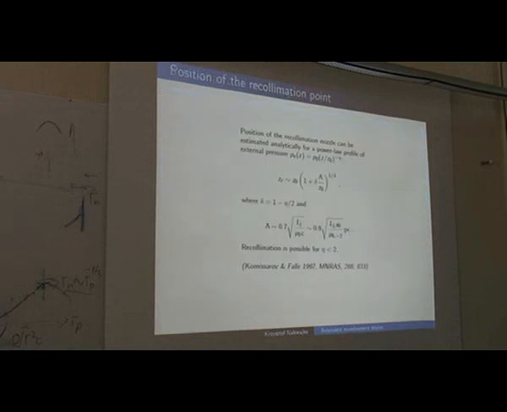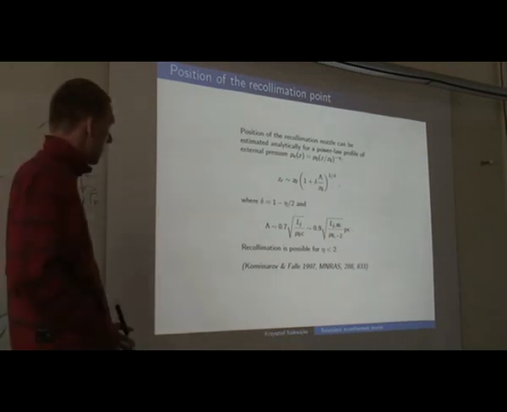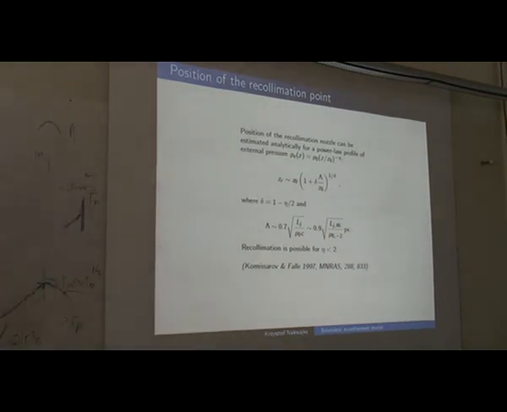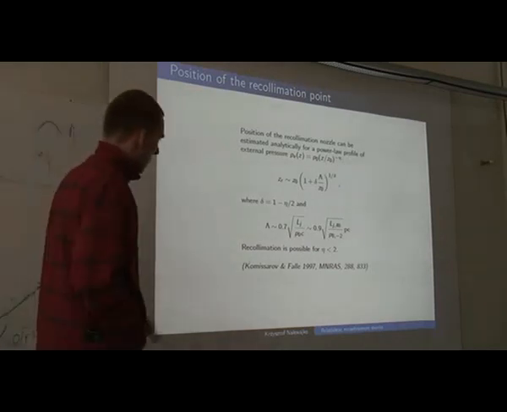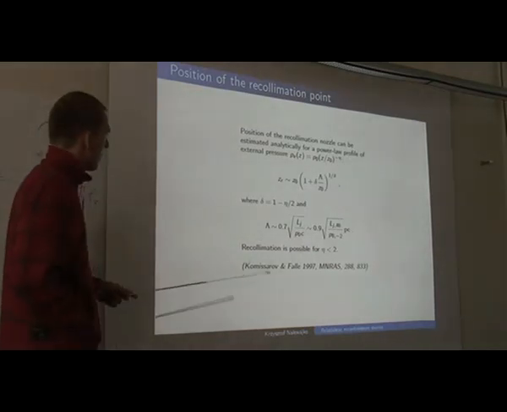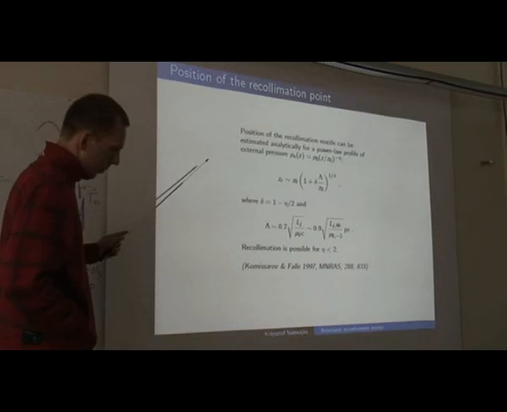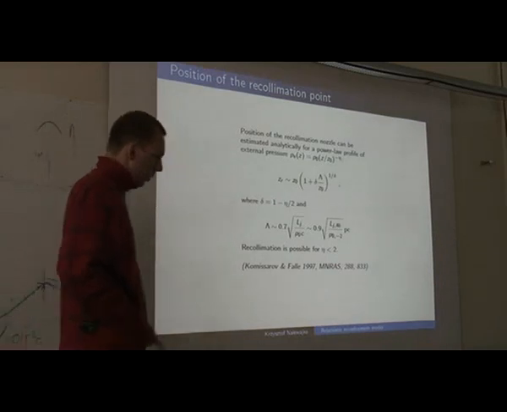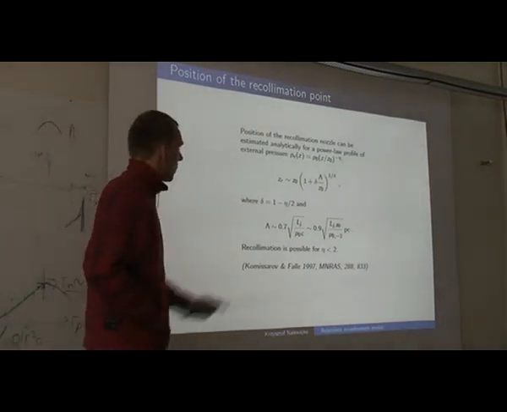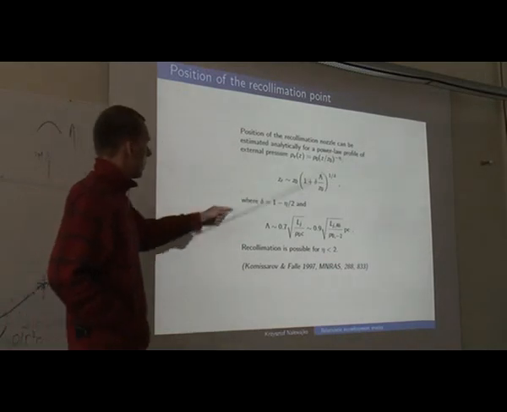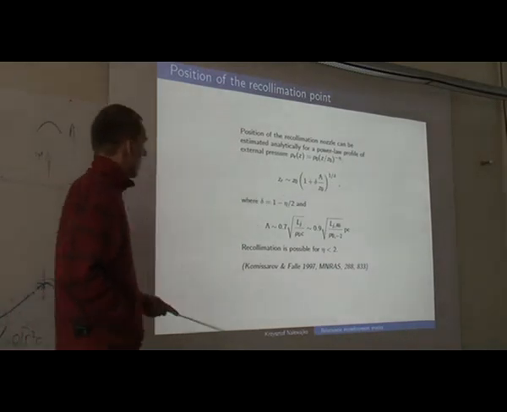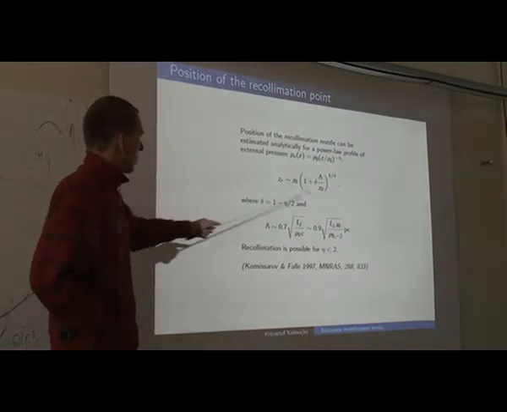The position of the reconfinement can be estimated analytically. It was done by Komissarov and Falle in '97. Because very little is known about the distribution of external pressure, you assume a power law with some index.